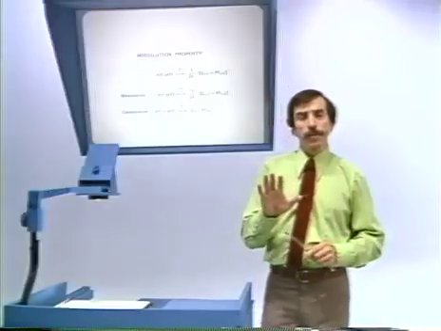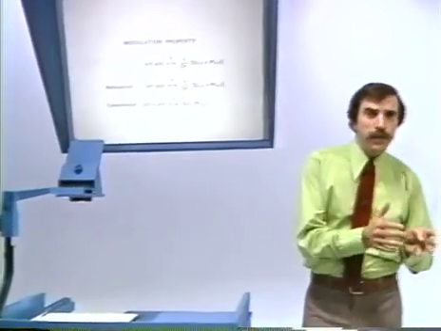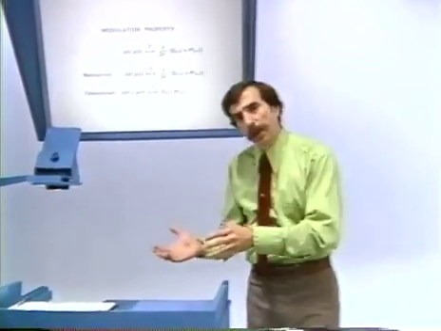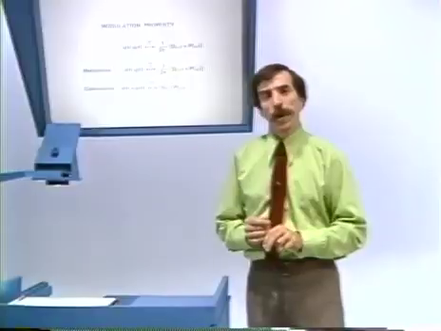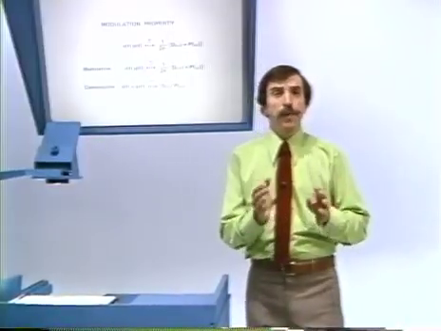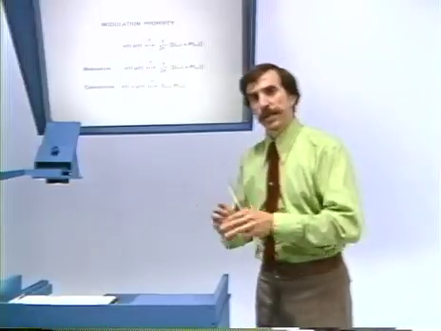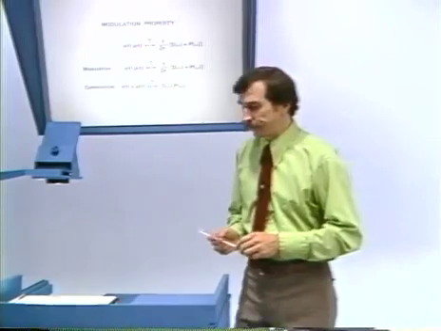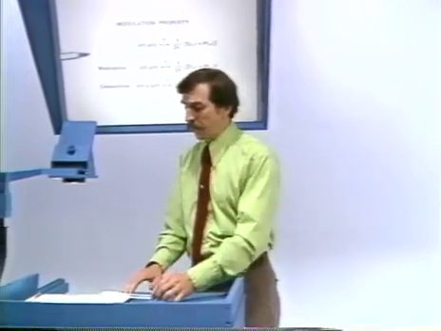Now, the convolution property told us that if we convolve in the time domain, we multiply in the frequency domain. And we know that time and frequency domains are interchangeable because of duality. So what that would suggest is that if we multiply in the time domain, that would correspond to convolution in the frequency domain. And in fact, that is exactly what the modulation property is.